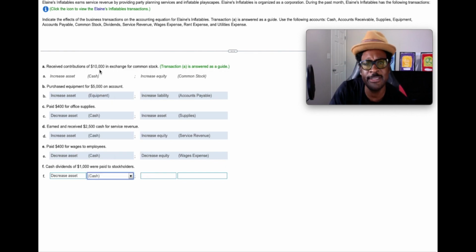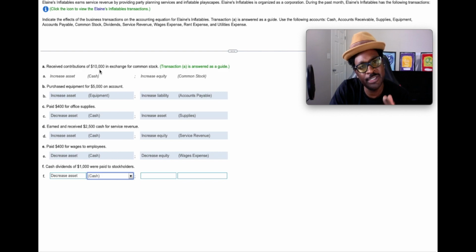Now, what about dividends? Dividends is a separate account that happens to affect retained earnings. How? It decreases retained earnings. Why? Because retained earnings is income. And by definition, anytime the company gives income to the shareholders, then we consider that to be dividends.